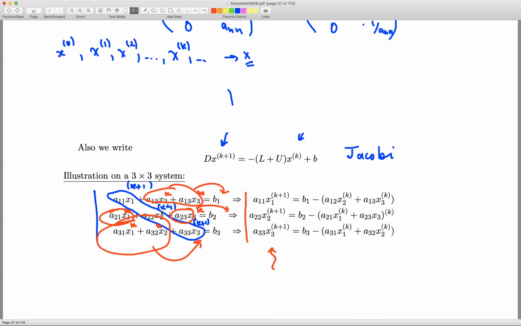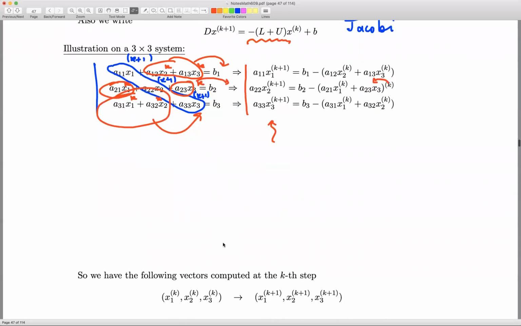Everything that is off the main diagonal goes to the right and has superscript k, which corresponds exactly to this representation, writing this equation in matrix form.